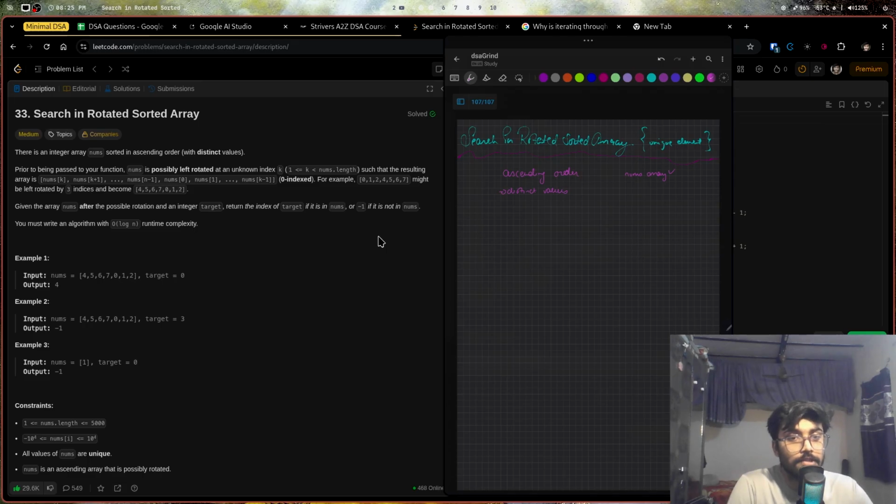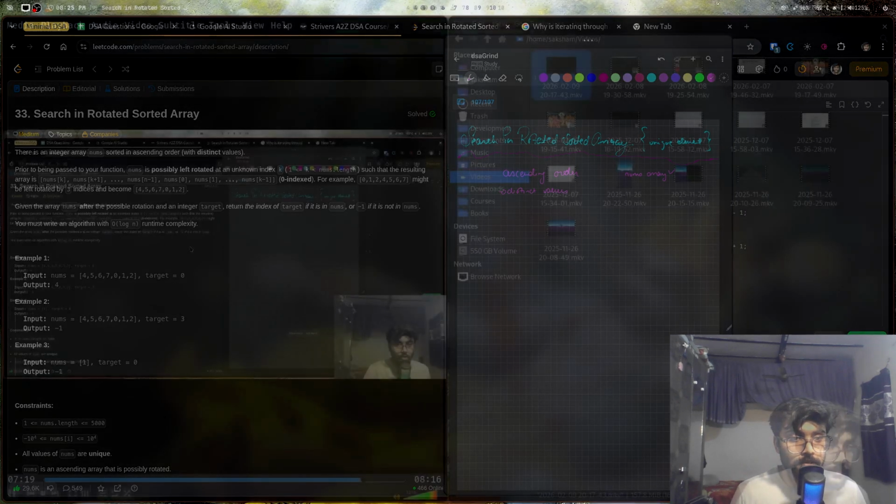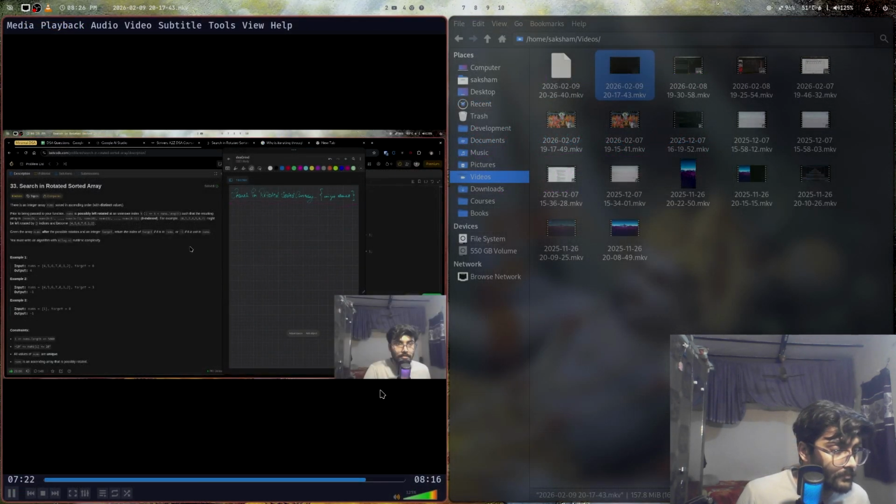Prior to being passed to your function, nums is possibly left rotated at an unknown index k, where 1 is less than or equal to k, which is less than nums.length. So I believe the voice is out of sync. Let me check. Ascending order, and we have the nums array.